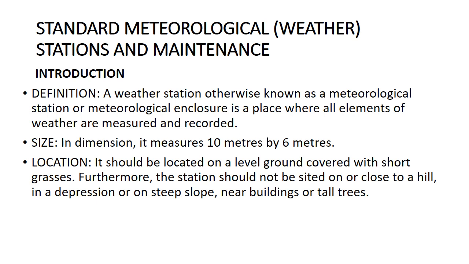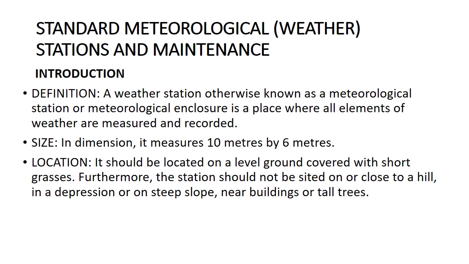So wherever a weather station will be situated, it is expected to have the dimension of 10 meters by 6 meters. The location, it is expected to be located on a level ground covered with short grasses. Furthermore, the station should not be sited on or close to a hill, in a depression or on steep slope, near buildings or tall trees.